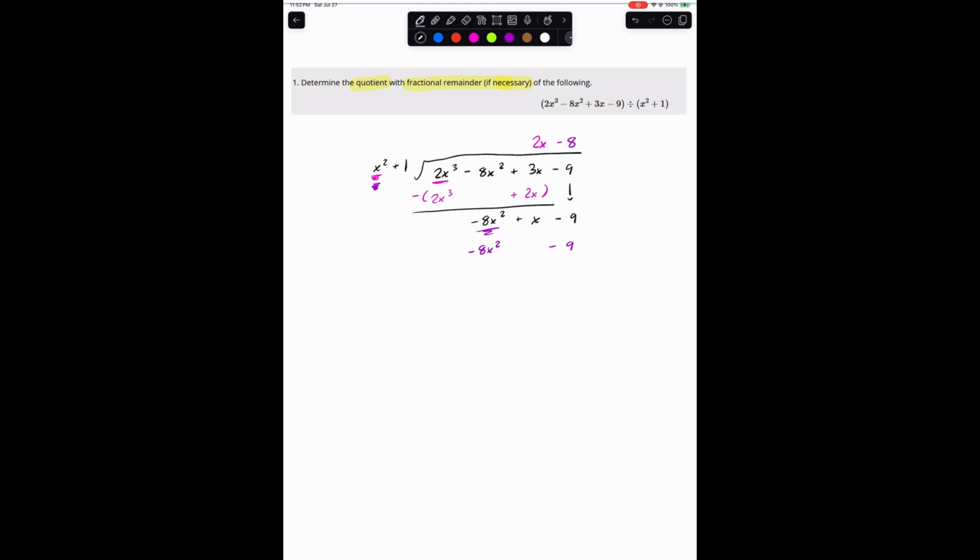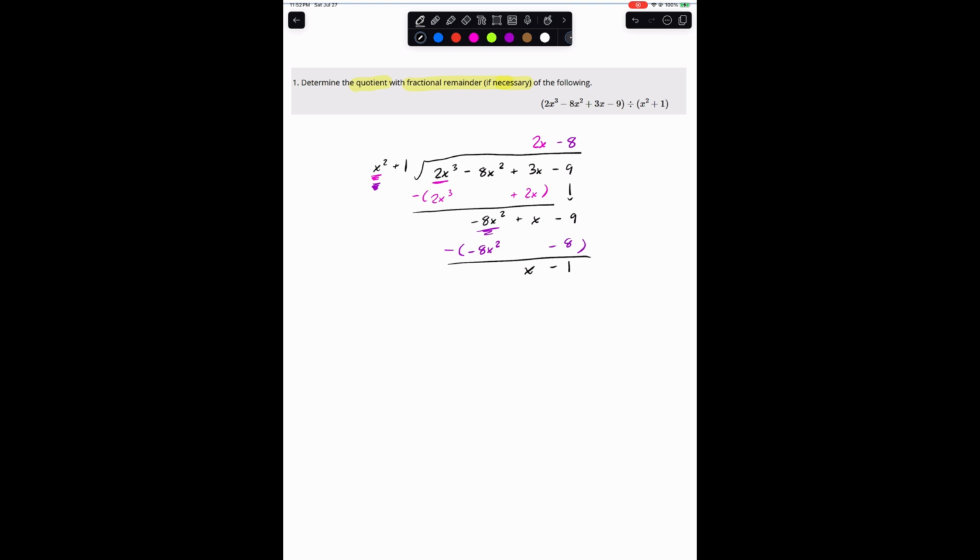But we were subtracting the whole thing. That means this is 0. We get just the x. And, oh wait, that should be 8, not 9, so I'm multiplying. And I'll have a negative 1 remaining. It's negative 9 minus negative 8, which is negative 9 plus 8, is negative 1.